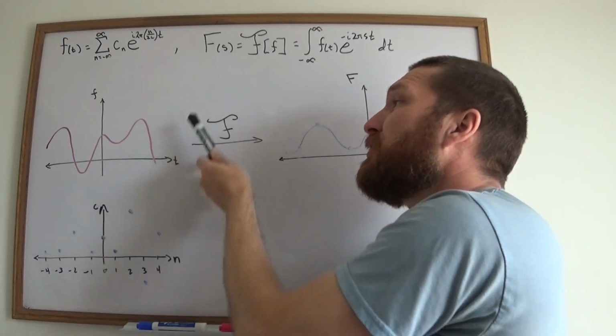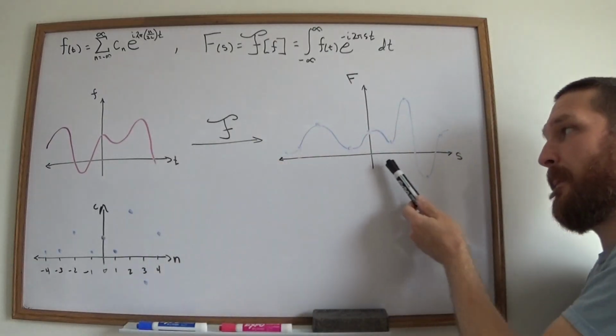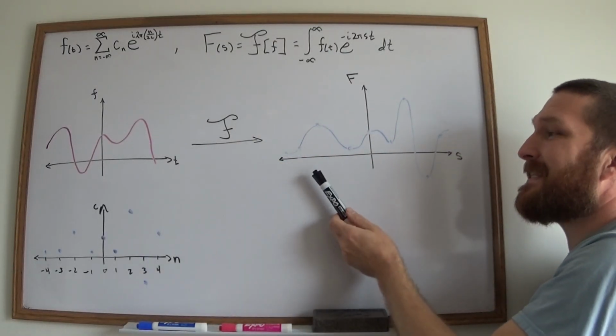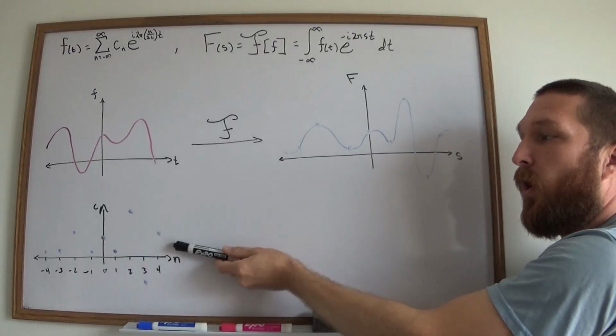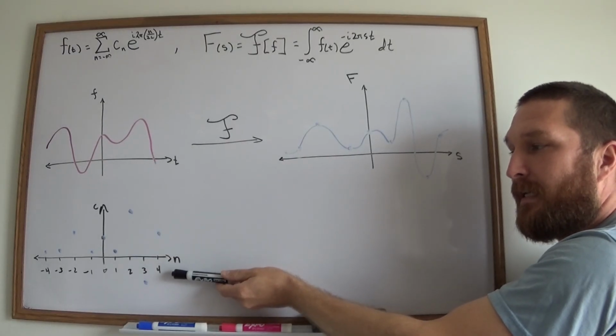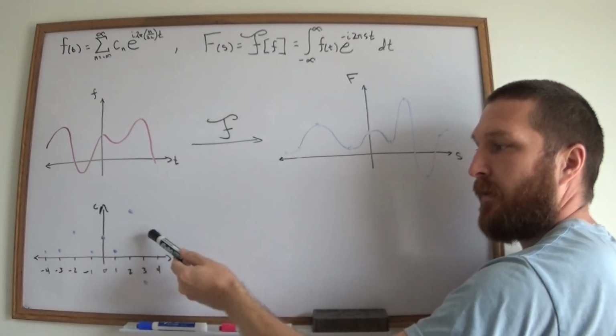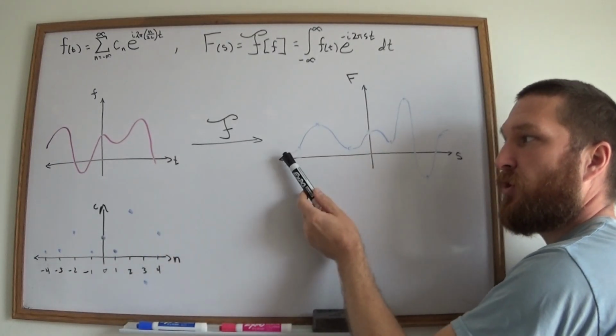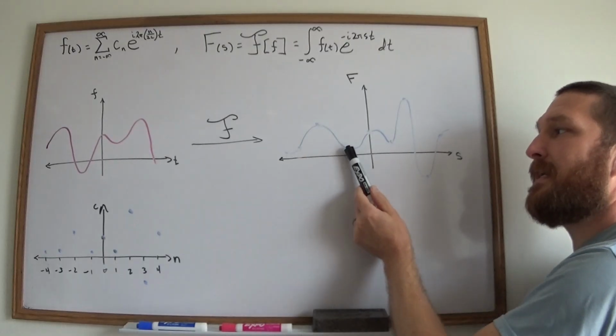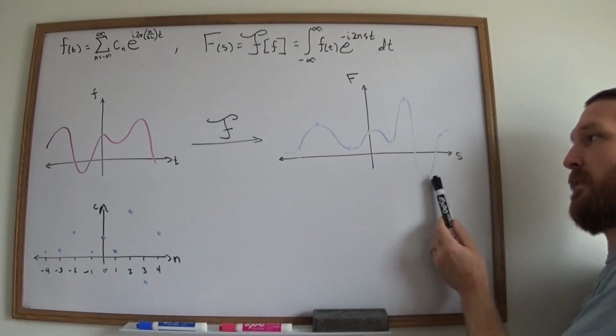The Fourier transform is the same thing as this, only instead of being locked into a discrete number of frequencies, you have access to a continuous amount of them. Right?